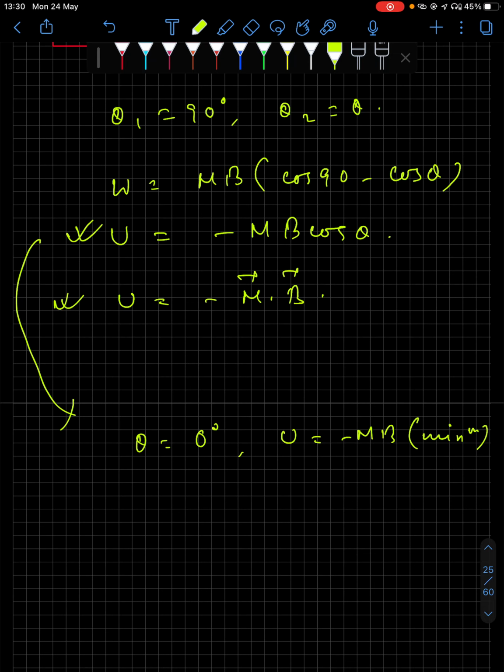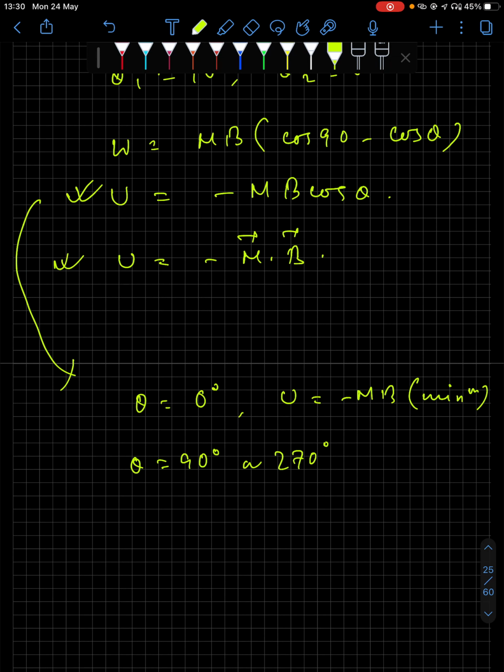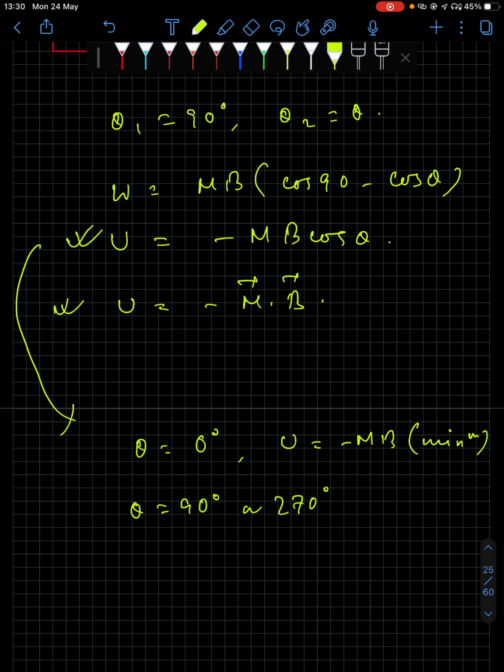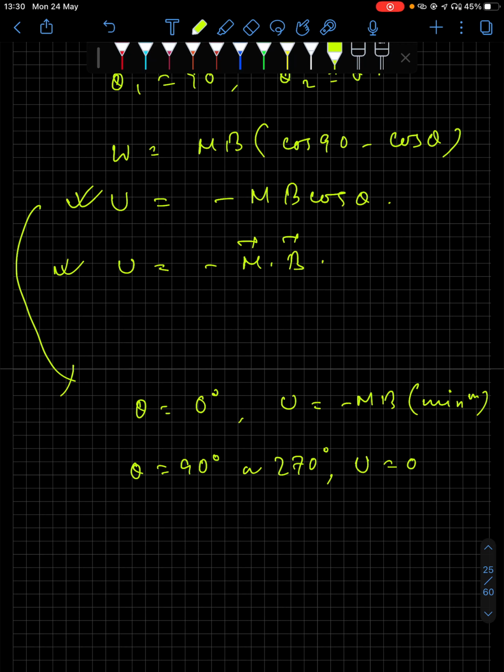Now situation number 2, when theta equal to 90 degrees or 270 degrees, we are considering two situations in one point itself. In the diagram we'll put it separately. Cos 90 is 0, cos 270 is also 0. So in this position your potential energy will be 0. I'm writing it here, U equal to 0. This is the intermediate value, not the minimum. The minimum is negative, minus MB.